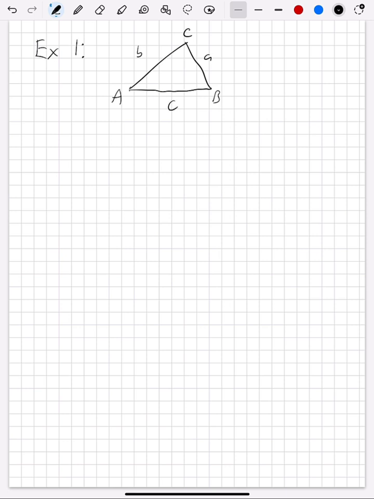And I say that angle B is 45 degrees, angle C is 105 degrees, and the side b is equal to 20. So just by knowing these, I need to solve for capital A, I need to solve for lowercase a, and I need to solve for c.